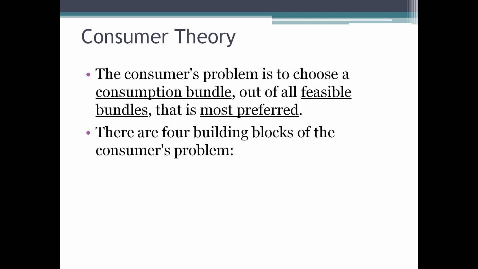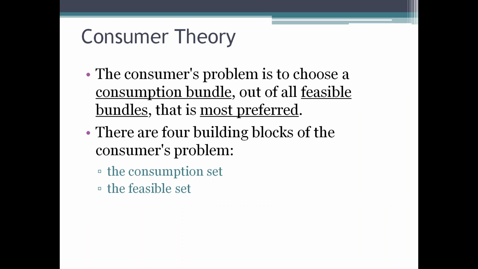So to restate it once again, the consumer's problem is just to choose a consumption bundle, out of all feasible bundles, that is most preferred. From this definition, we can come up with the main building blocks of the consumer problem. First is the consumption set, our big consumption set.